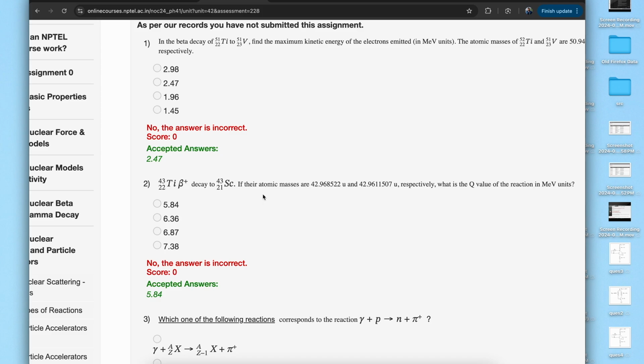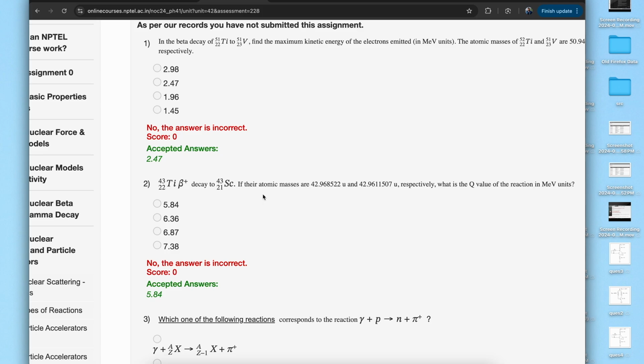So you can write this as mass of x minus Z me.